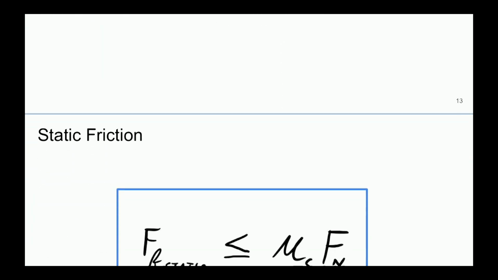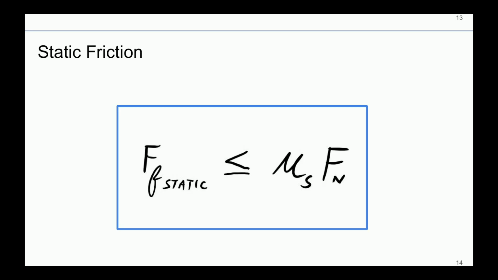So what affects this maximum possible force of static friction? Oh, it's just the materials, and it's the normal force. And that's it. That's the only thing. It's maybe contrary to your expectation. You might think it depends on surface area or texture of the surface or other things.